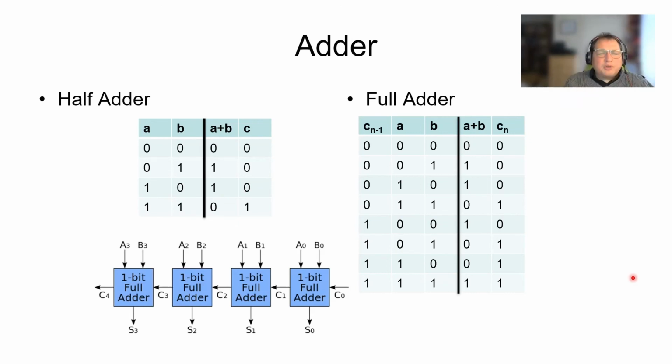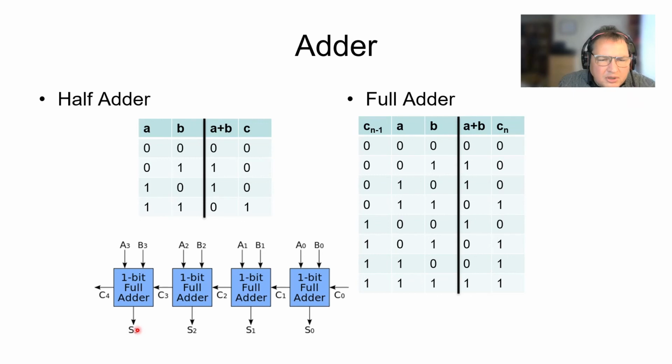Adders in real computers are normally put into sequences, so you can provide a number A, giving its bits here A0, A1, A2, A3, and so on, and the number B, B0, B1, B2, B3, and our system of these adders will generate the sum of A and B here S0, S1, S2, S3.